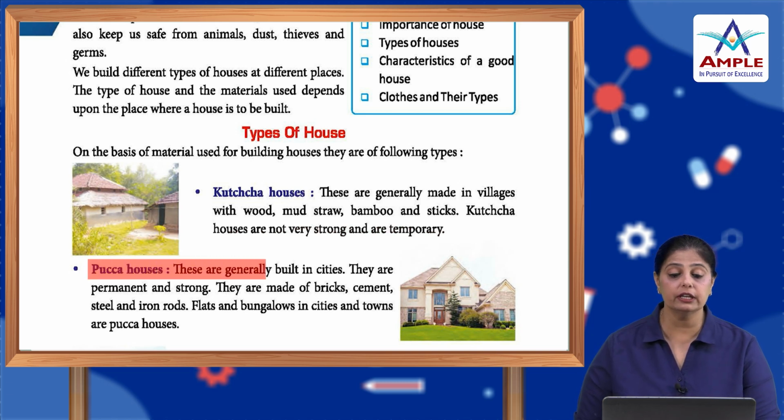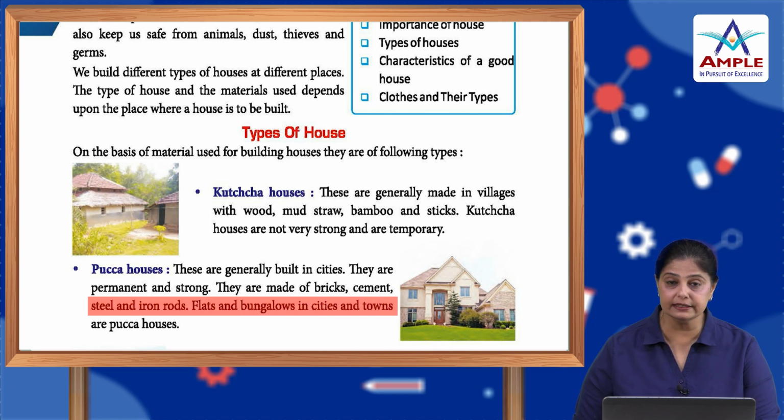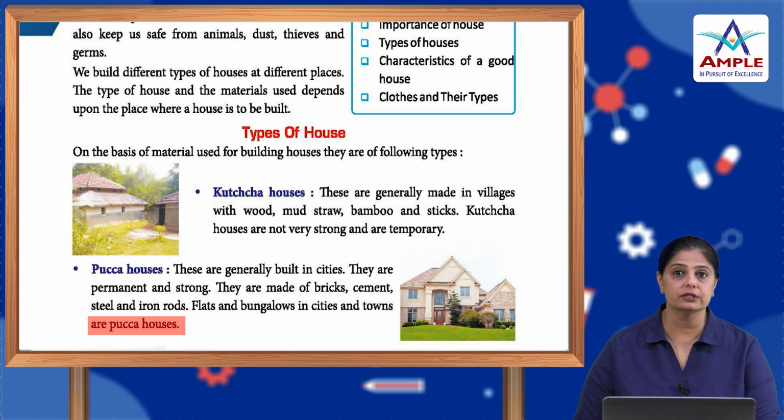Pakka houses are generally built in cities. These are houses constructed using material that will help them stay there for years. They are permanent and strong houses, made of bricks, cement, steel and iron rods. Flats and bungalows in cities and towns are pakka houses.